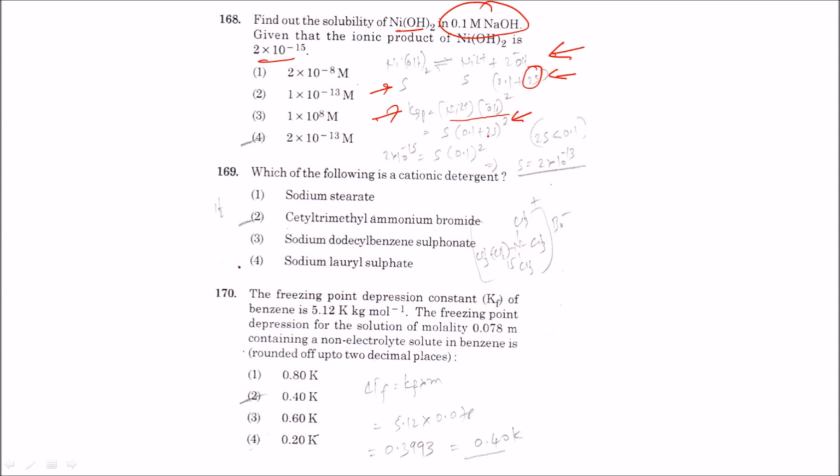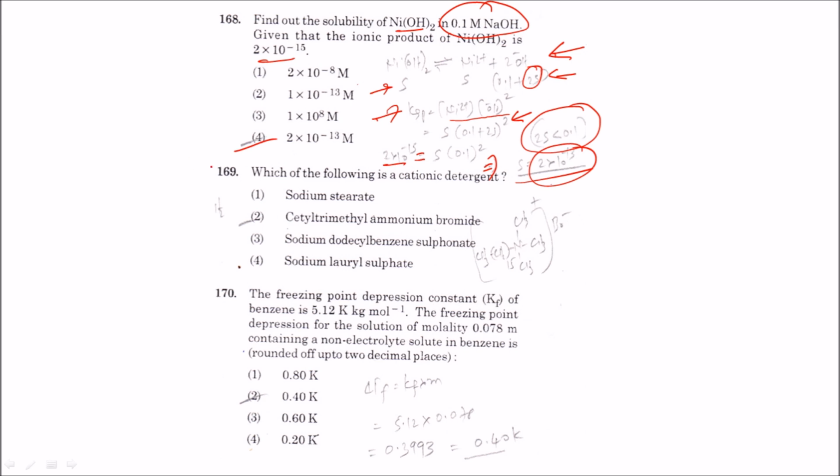Now 2S is very small compared to 0.1, so we can ignore it. So Ksp, 2 into 10 to the minus 15, equals S into 0.1 squared, and if we simplify, the solubility will be 2 into 10 to the minus 13. So the right answer for this question is option 4.